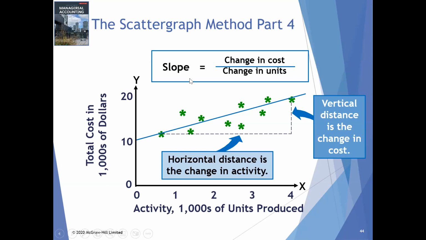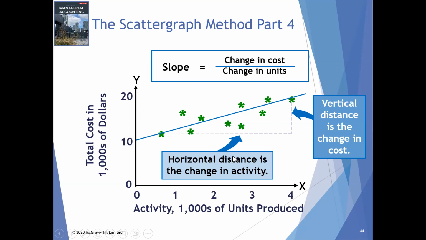Now, if we talk about the slope, how much is the slope? Change in the cost, change in the unit. So here you are going to write the change in the cost. The cost is going to change from here to here, here to here, here to here. Changing in the cost, and changing in the activity, meaning number of units. That will be the slope. This is the slope.